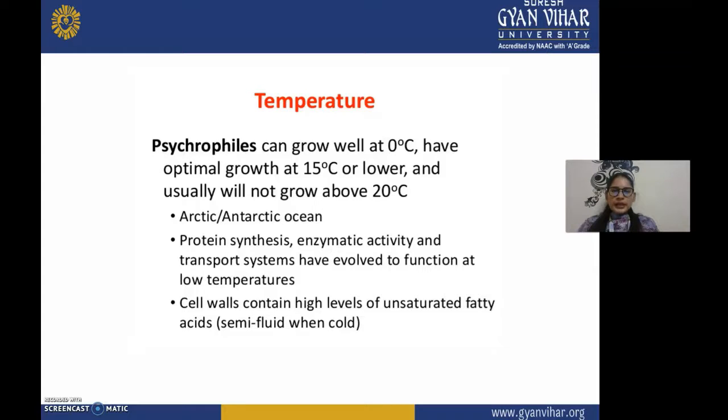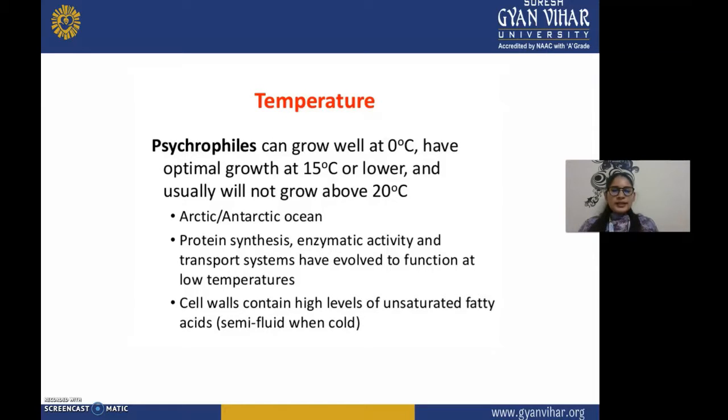Now, when we talk about temperature, psychrophiles can grow well at 0 degrees Celsius with optimal growth at 15 degrees Celsius or lower, and usually will not grow above 20 degrees Celsius.